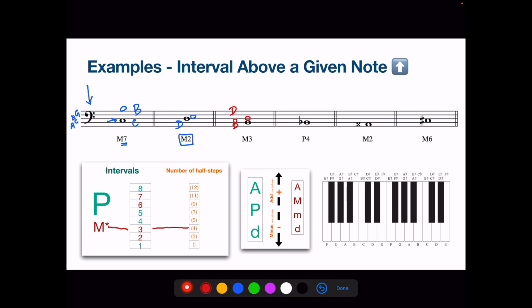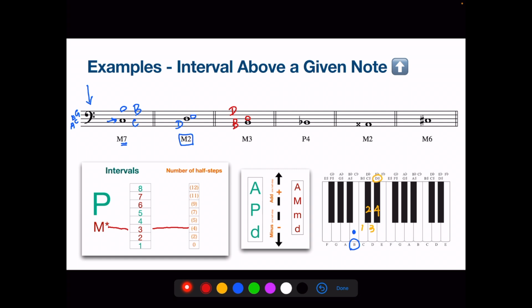So from B, which is here, we're trying to count up 4 half steps, right? So from B, 1, 2, 3, 4. Well, remember, because it's an interval of a third, we are restricted to only use B and D. So in this case, we're going to pick D sharp and not E flat.